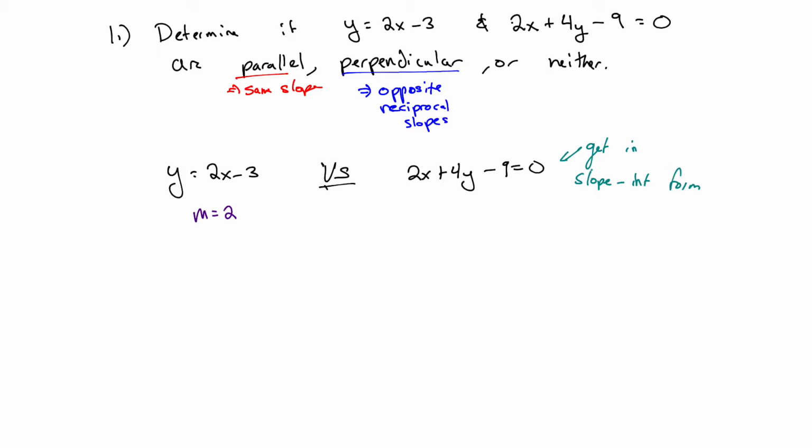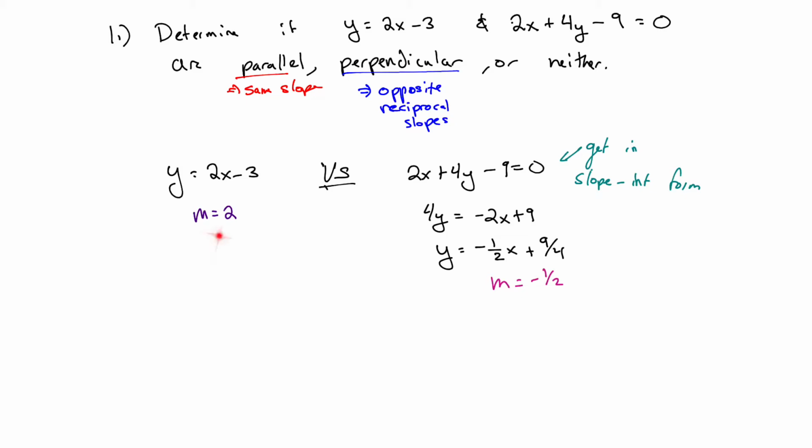Let's just get it in slope-intercept form. Moving the 2x and the negative 9 over, we get 4y equals negative 2x plus 9. Divide both sides by 4, we get y is equal to negative 1/2 x plus 9/4. So the slope of this line, let's use pink, equals negative 1/2, right?